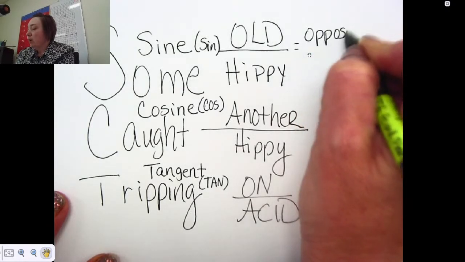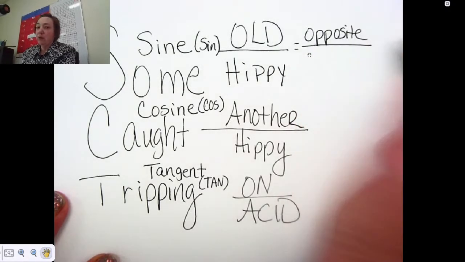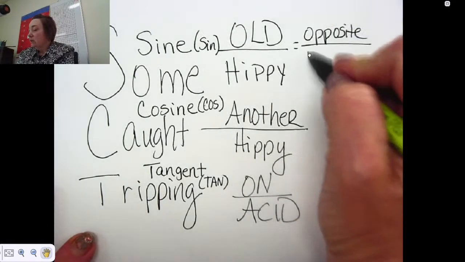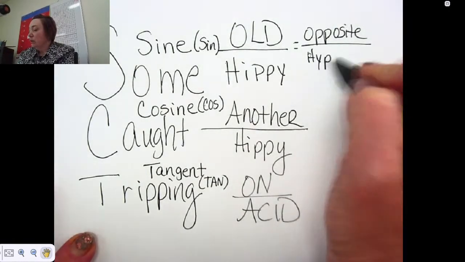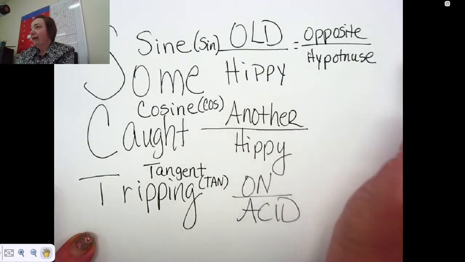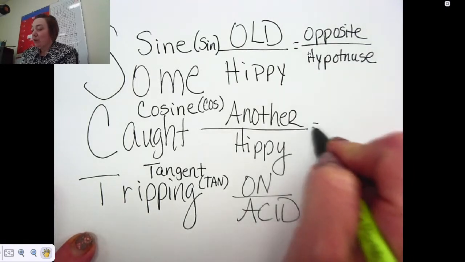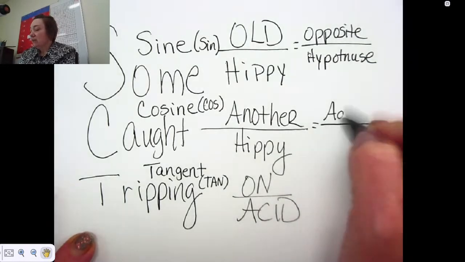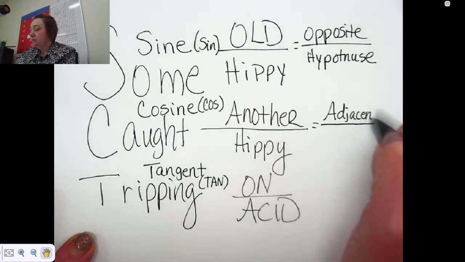And we're going to talk about what opposite means in just a minute, okay? I'm just giving you the information right now. H stands for a word you are familiar with. We use the word hypothesis a whole lot in geometry, do we? No, but which one do we use a whole lot? Hypotenuse. A stands for adjacent.